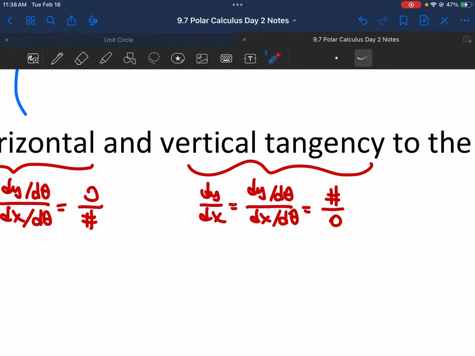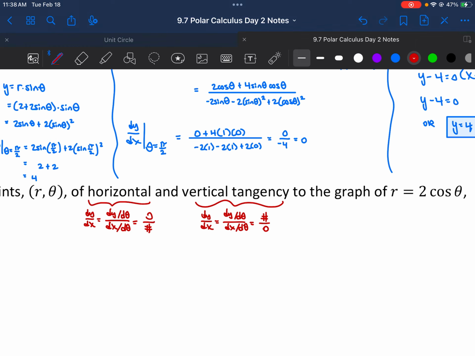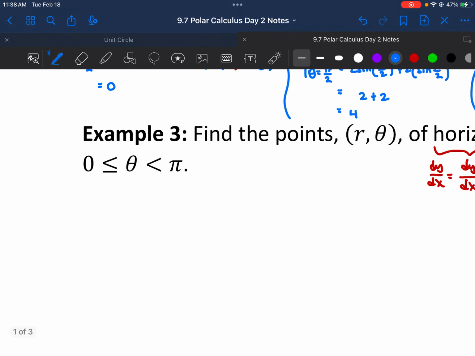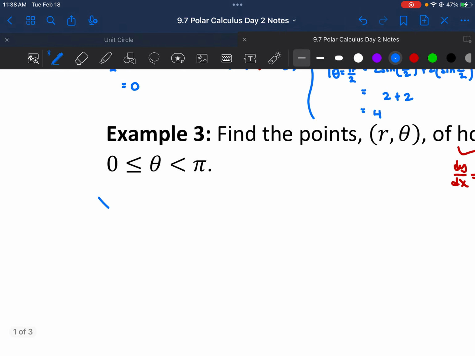Okay? That means we need to find dy/d theta and dx/d theta and set them both equal to 0. But to find dy/d theta and dx/d theta, we need to have x and y in terms of theta. So let's do that real quick. x is r times cosine theta. r in this example is 2 cosine theta. So 2 cosine theta times cosine theta.